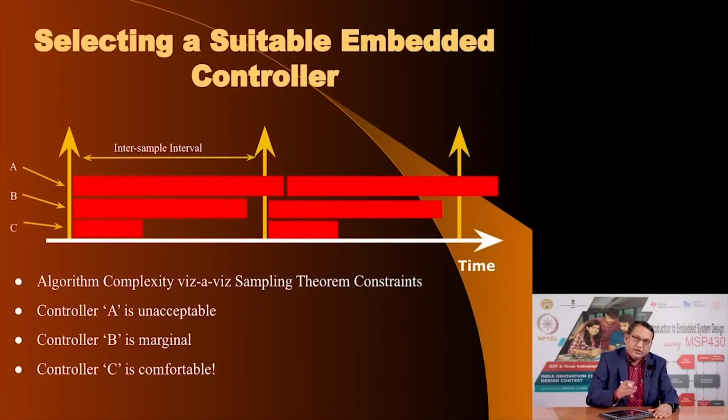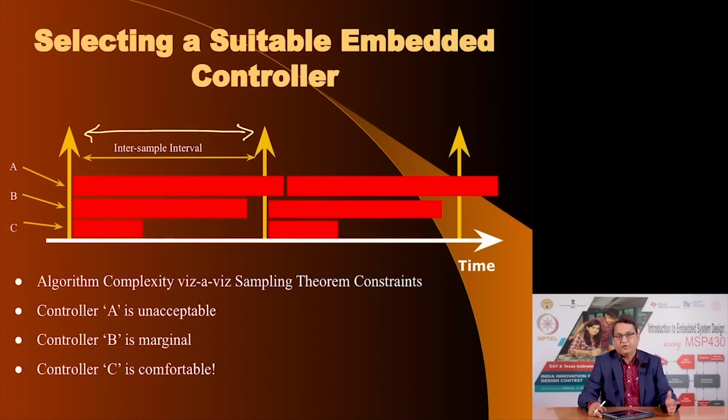The time between two samples, we call it inter-sample interval, and this would vary from application to application. Like I mentioned, for measuring temperature, the inter-sample interval will be very large. For sampling sound frequencies, if I am going to sample a 20 kilohertz signal, I must sample it in keeping with the sampling theorem, the Nyquist rate, at least twice the maximum frequency component.